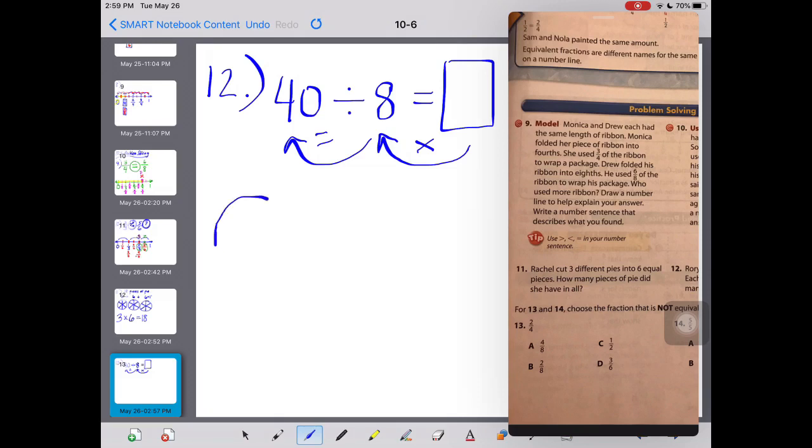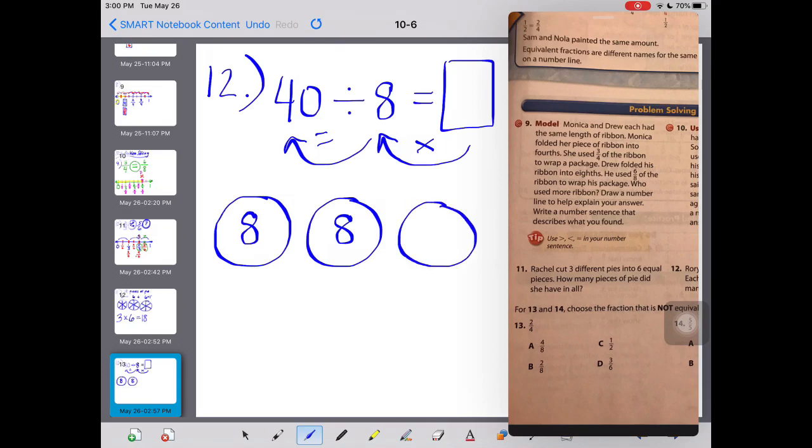We know that every pizza has 8 slices in it. Is one pizza going to be enough? No, that's only 8. How about another pizza? That would be 8 times 2. 8 times 2 is 16, not enough. What about another pizza with 8 pieces in it?